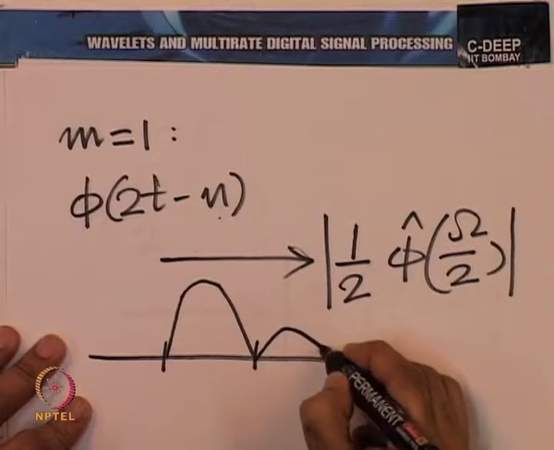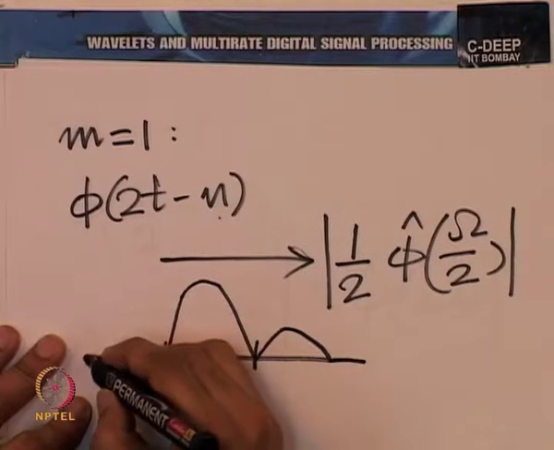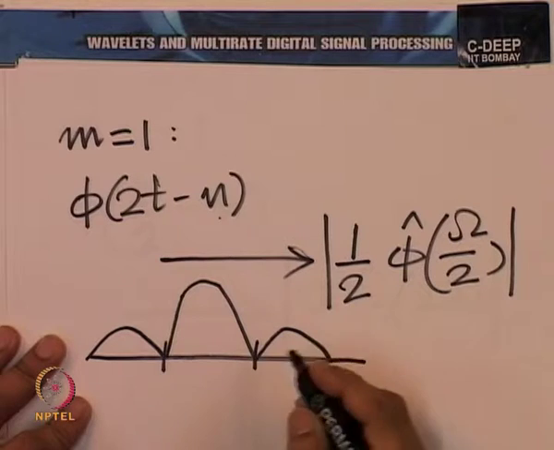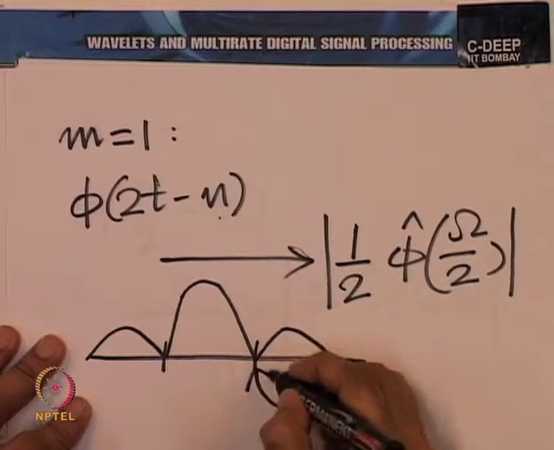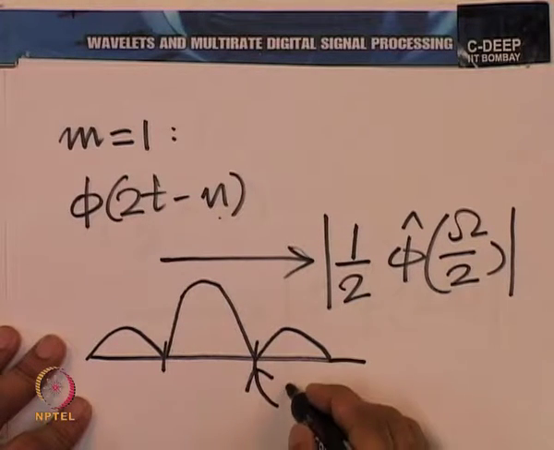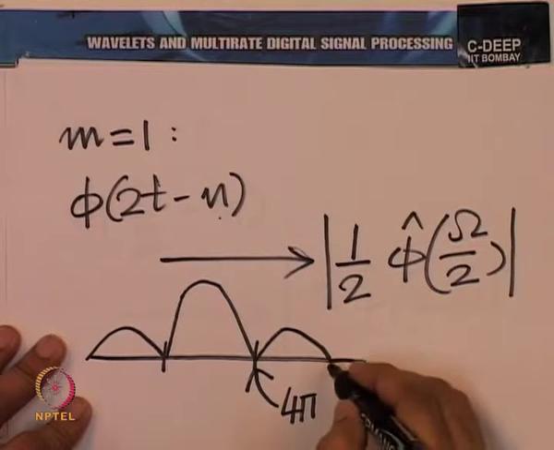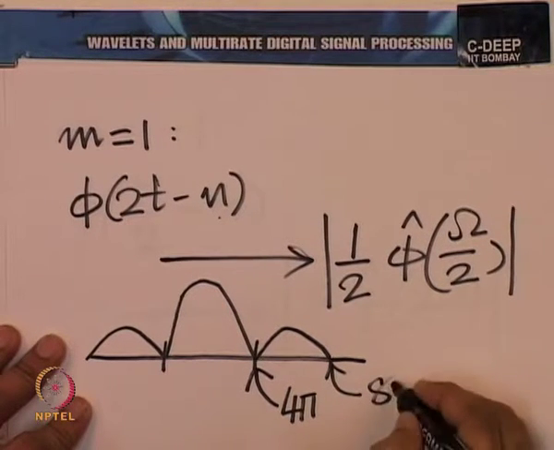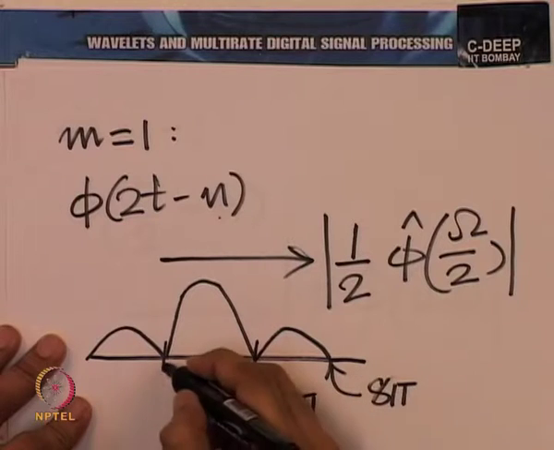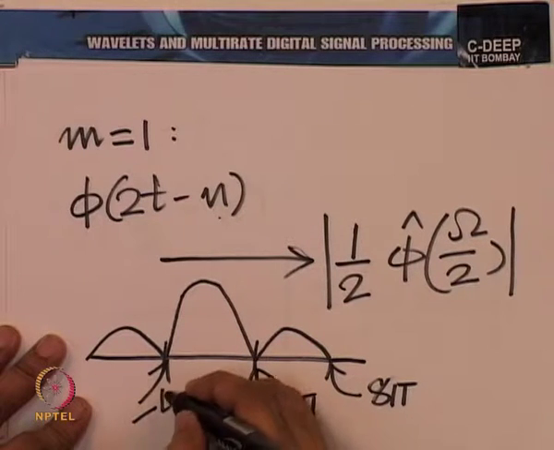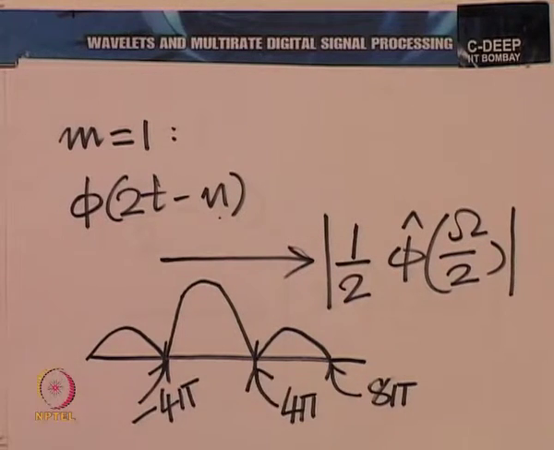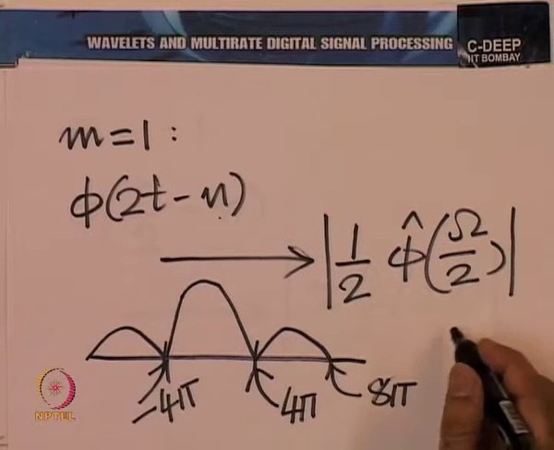If I focus my attention on the main lobe and the principal side lobes that I have here, this was originally 2 pi, now it has become 4 pi. This was originally 4 pi, now it has become 8 pi, and so too on this side. This is minus 4 pi and so on. So, you have stretched by a factor of 2.